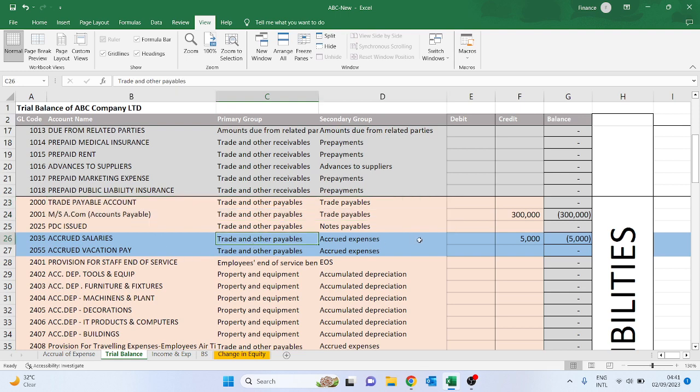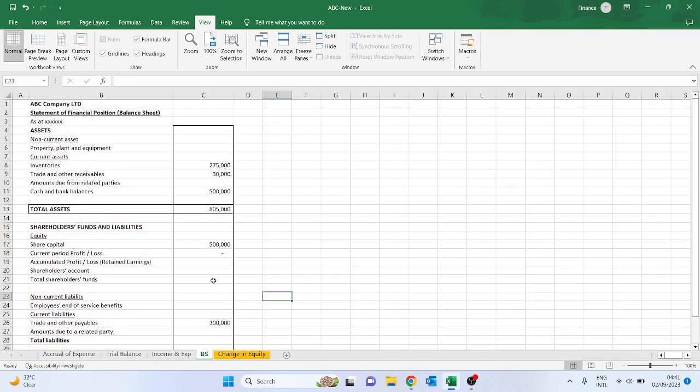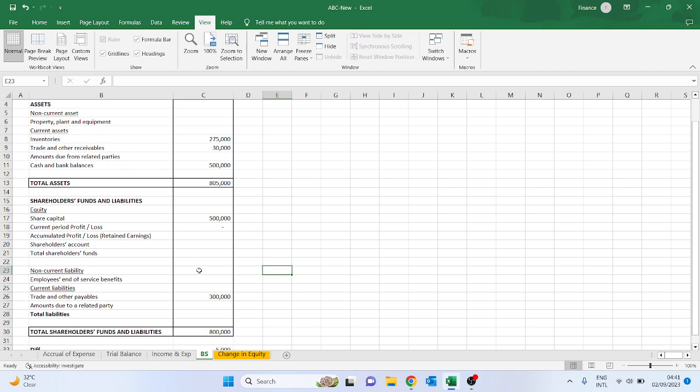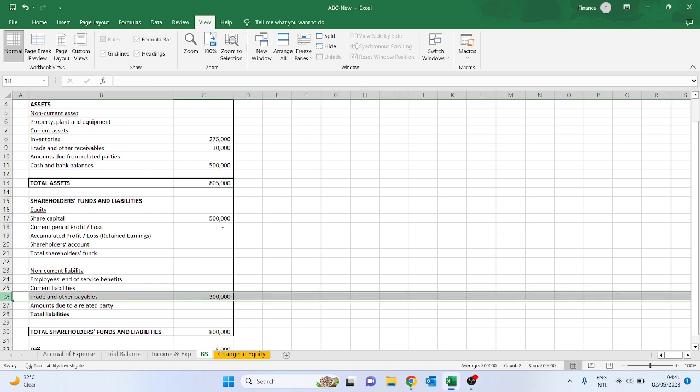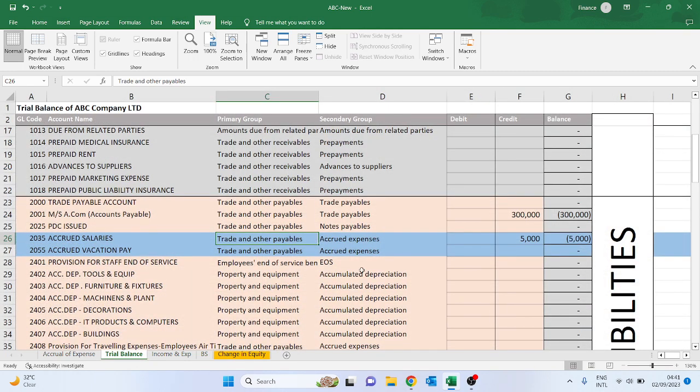Now this accrued expense into the balance sheet. Here trade and other payables, this is the section. So let us look whether it came or not. Now only this part has been taken, so we need to include this.